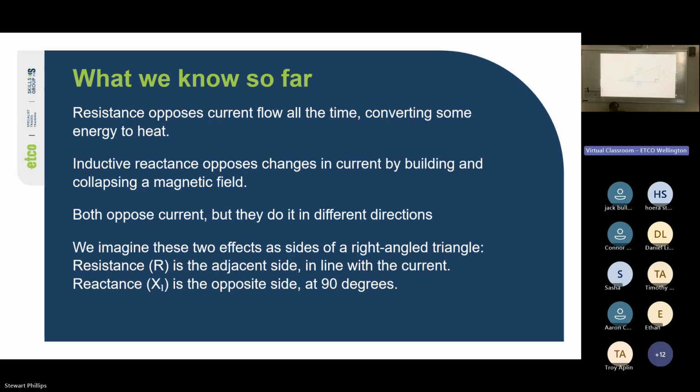If you're testing the earth fault loop at a socket outlet, we're measuring the impedance of the circuit from that earth back to the main earth bar, through the MEN link, down the main neutral conductor back to the transformer, through the winding of the transformer to the phase, down the phase, through our main switch, through our circuit protection, down our phase conductor to our socket outlet. So that is a long circuit, and yet we get something a lot of the times like 0.56 ohms.